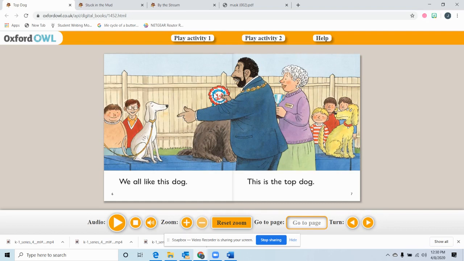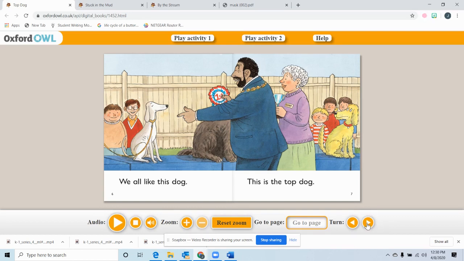And now it looks like he's got a first place ribbon, and he's pointing to the white dog. So maybe they're getting the first place. Maybe that's going to be the top dog. Oh, and look at their faces. They look so sad, don't they? And he's looking like, did I not win? So I'm wondering what they're going to do.